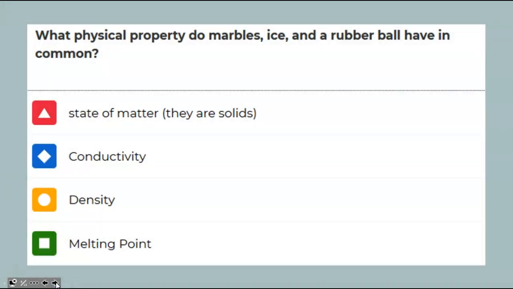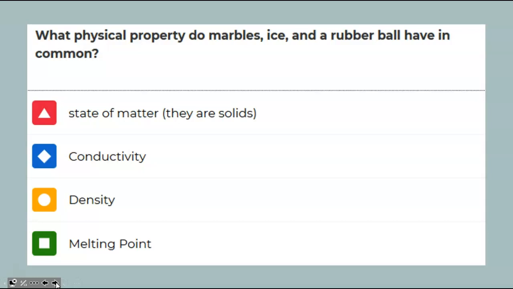What physical property do marbles, ice, and a rubber ball have in common? Well, the answer cannot be conductivity, because ice is a form of water, so it does have conductivity, but marbles and rubber do not have the property of conductivity.